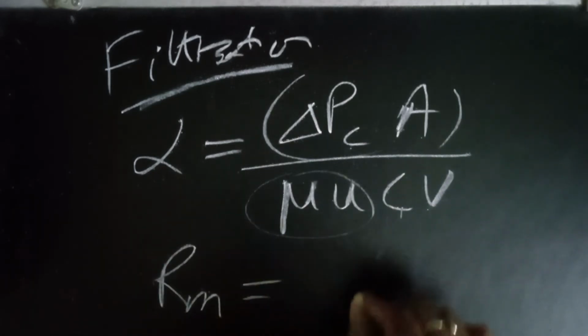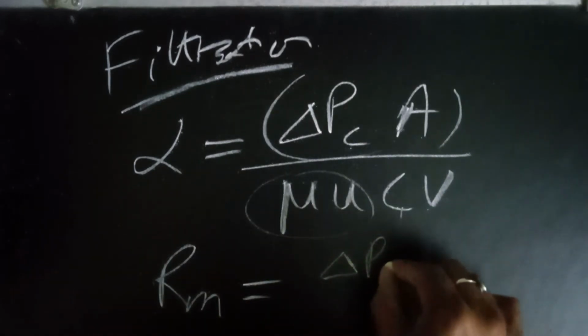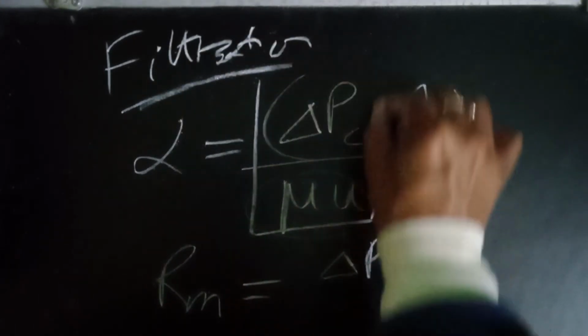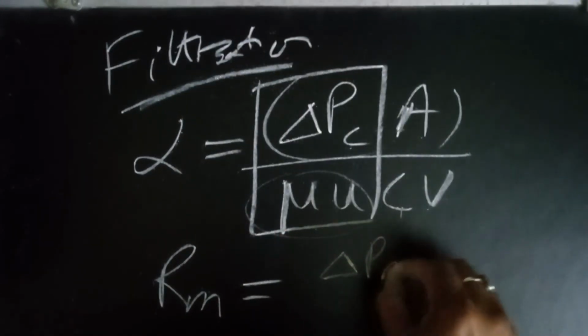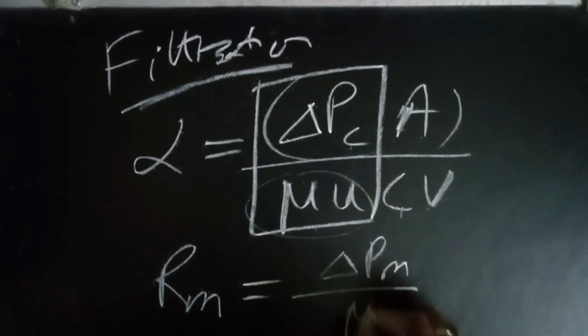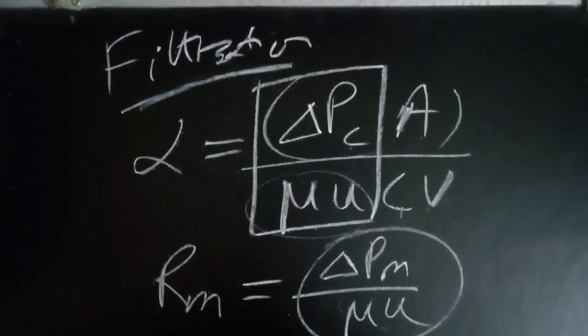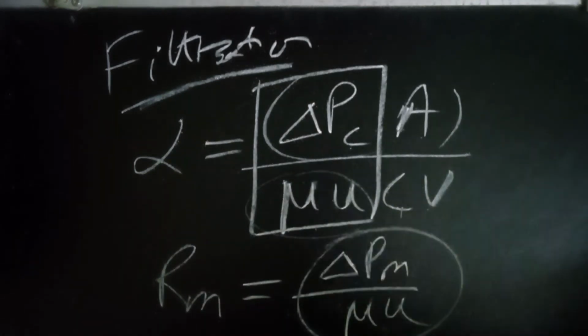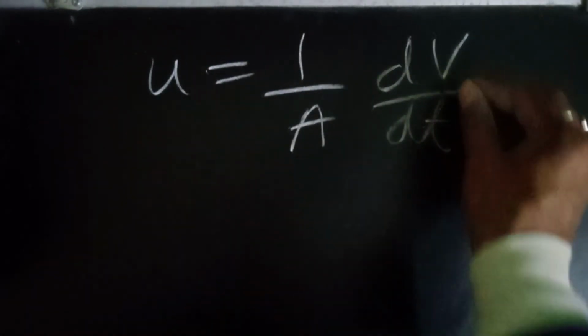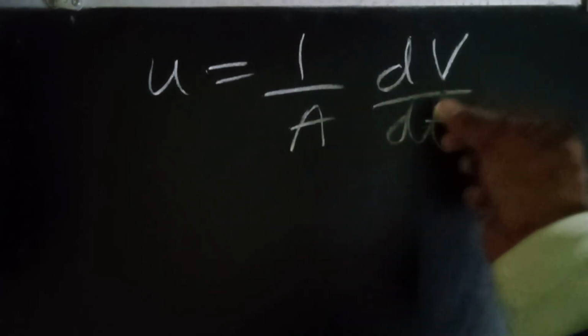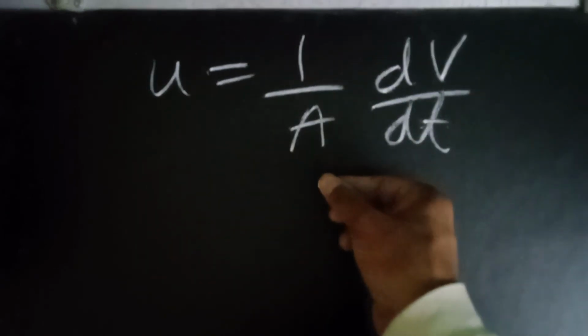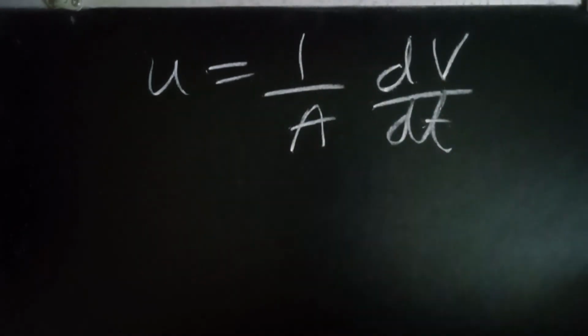Now we have specific medium resistance. This is the medium resistance, that is delta p, and like this part we have delta pm by mu u. Okay, so these are two resistances, and finally we can write them in this equation, because u is equal to 1 upon A dV upon dt, because volume upon area is length cube by length square, so length upon time, that is u.